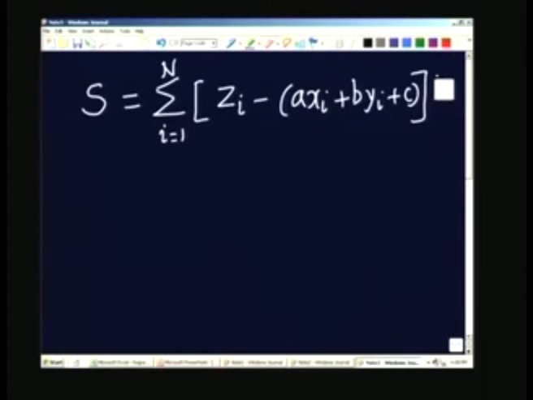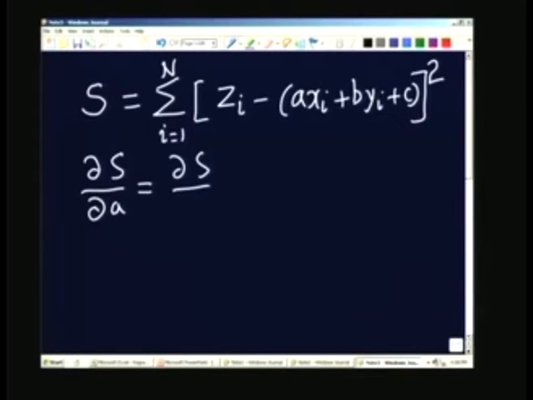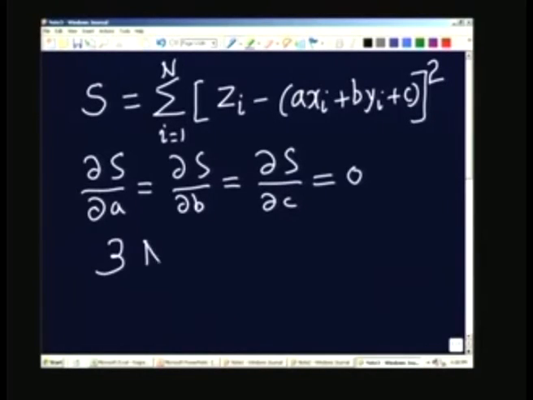So, I have to minimize the quantity which is shown here. Again, you will see that the procedure is very simple. I have to set dou S by dou a, dou S by dou b, dou S by dou c all equal to 0, and this will give three normal equations which have to be solved simultaneously.